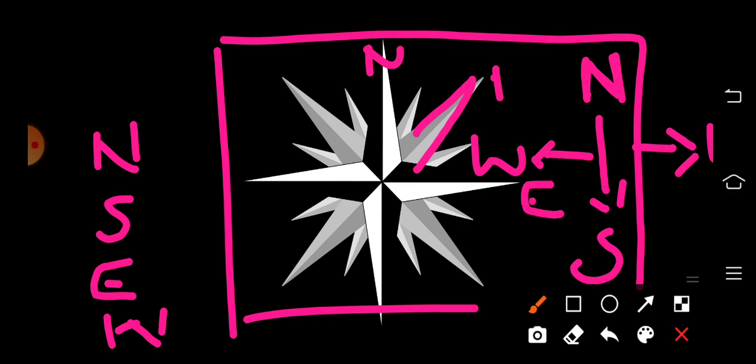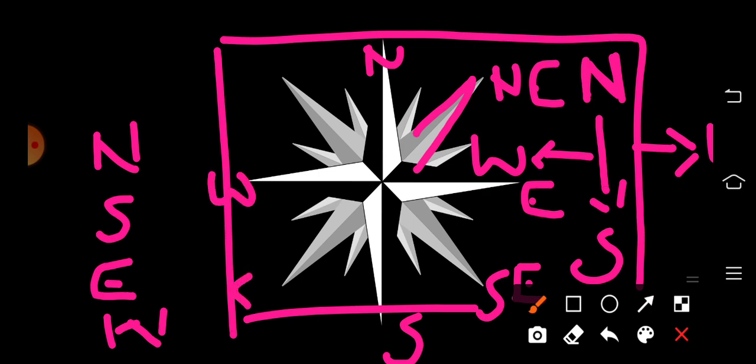So it is northeast. Between south and east, it is southeast. Then between south and west, it is southwest. Then between north and west, northwest. So there are 4 cardinal directions or cardinal points, and the other 4 intermediate directions are northeast, northwest, southeast and southwest.